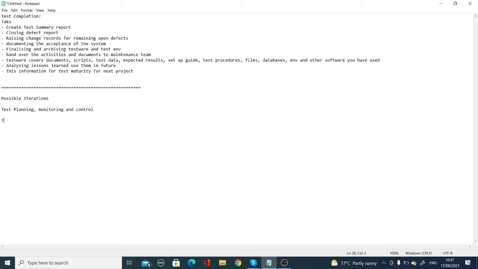The next phase is test analysis and design. The other one is test implementation and execution, test execution, and test completion. So you have these 5 phases.